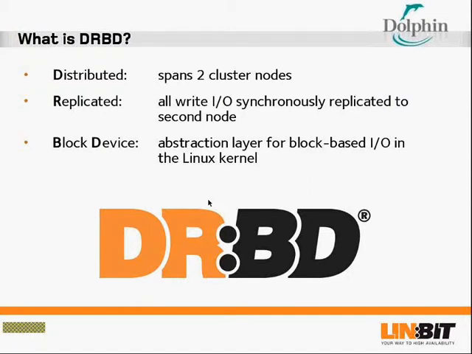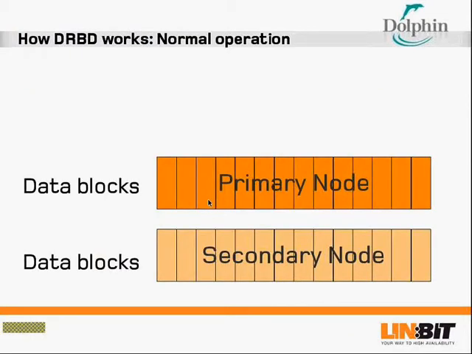So what do we mean by a replicated block device, or a synchronously replicated block device? To illustrate that, I've given you a brief schematic overview in this slide. Suppose we have a block device that spans 2 nodes, or more precisely, we have 2 instances of that block device on 2 nodes, one of which is the one where the application is currently running.